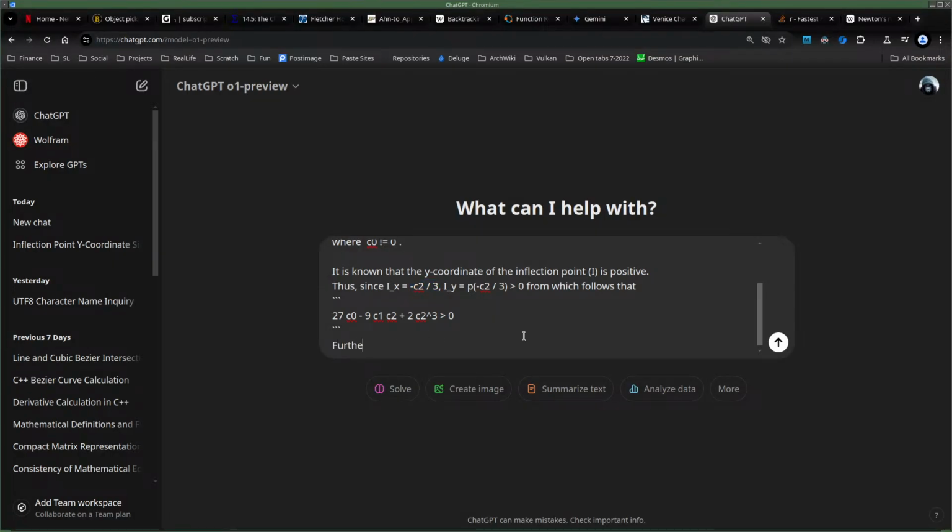So furthermore, it is known that it's greater than 0.